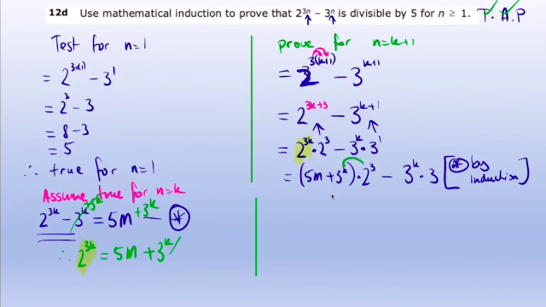So I'm going to expand these out and see what happens. 5m times 2 to the 3 plus 3 to the k times 2 to the 3. Can you see what I've done? I've just expanded it out that way. Now notice I haven't tried to work out 2 to the power 3, which is 8, isn't it? I haven't tried to solve anything. I'm just leaving it as a power because it's to my advantage at the moment.